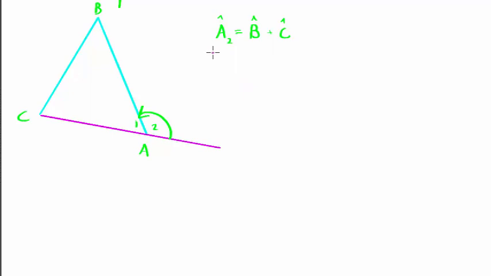A1 is equal to 180 degrees minus B minus C. Let's do it like this. Minus B plus C. You understand why I did it like that? So it's minus B minus C, but I just group them together. Minus (B plus C).